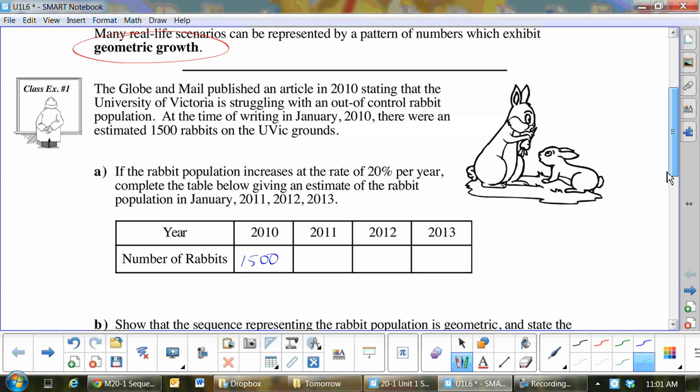So if you want to find out how much GST you're going to pay for something, multiply by 0.05 to find out how much GST. Multiply it by 1.05 if you're going to find out how much it's going to cost with the shirt and the GST.